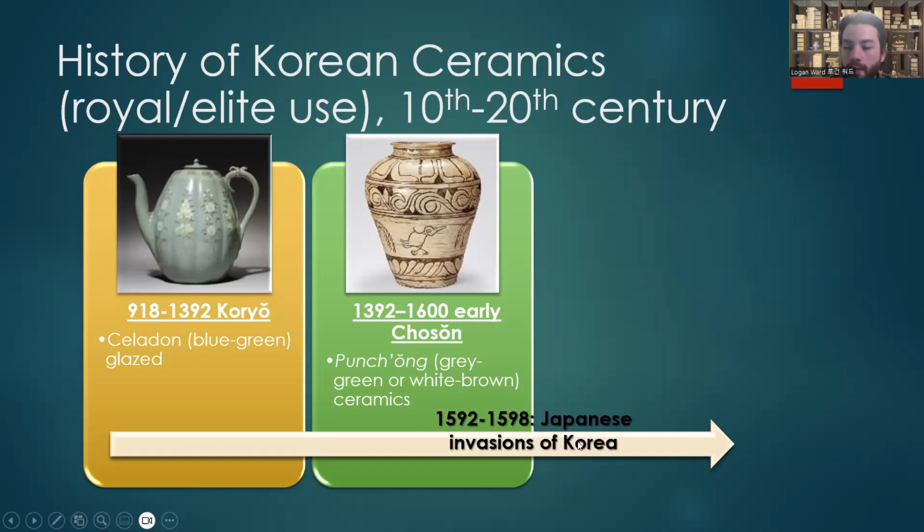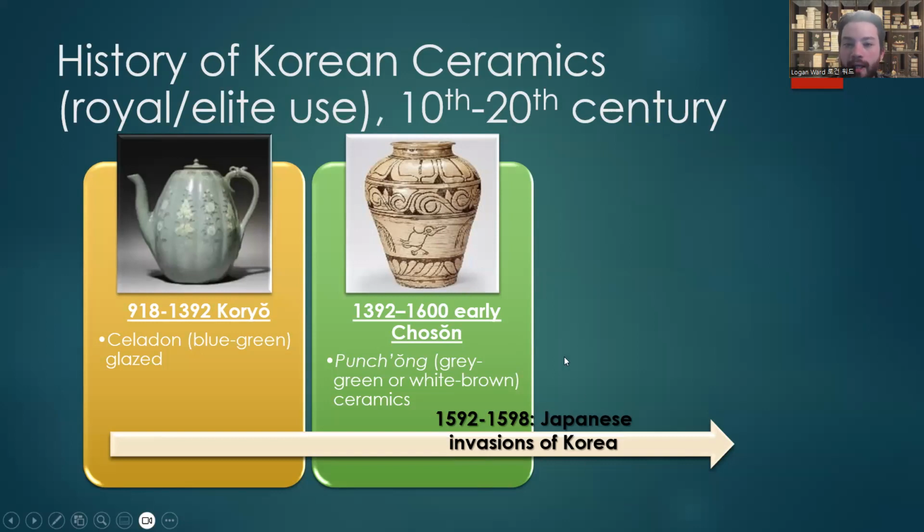And then there was an invasion by the Japanese general in the 1590s. His forces kidnapped a lot of potters, because the myth or theory is that he really wanted these kinds of wares to be made for him and for different fiefdoms, different shogunates in Japan at the time.